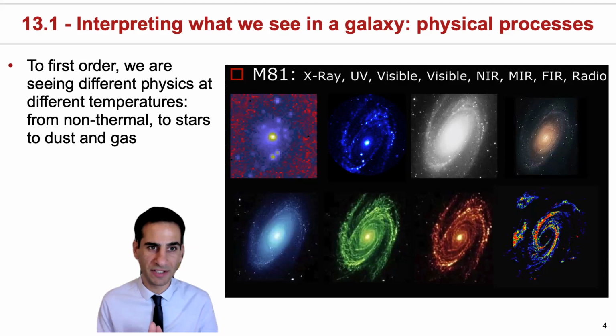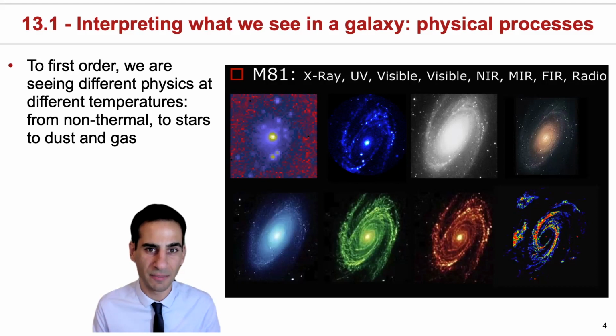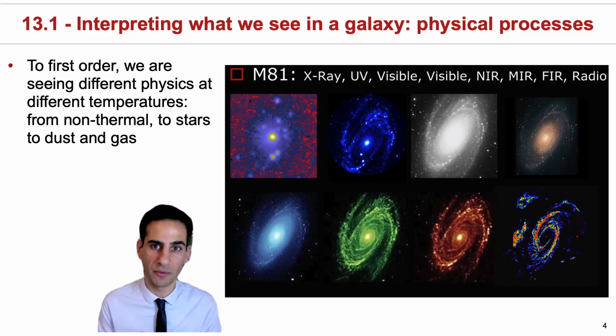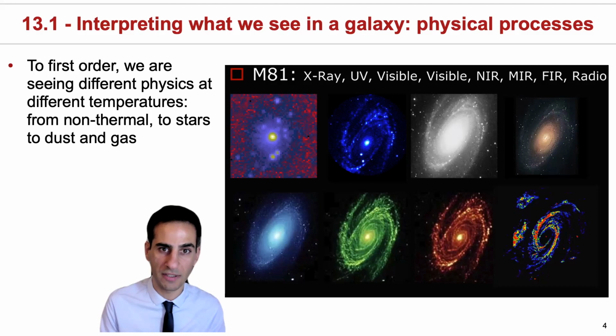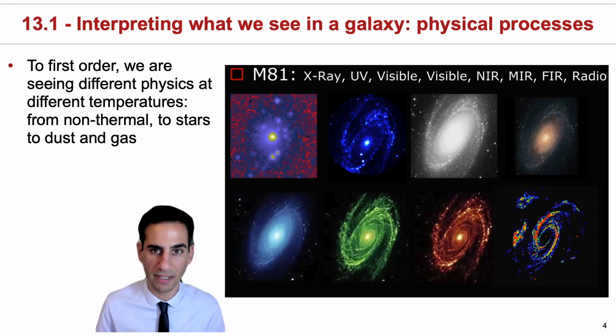If you reach section 13, I hope that you actually went through all the other sections and you got at least a basic understanding of, for example, black bodies, and also the fact that when we look at the universe at different wavelengths, we're actually seeing different physical processes and also different temperatures. And this will be crucial to actually interpret what we see in galaxies.